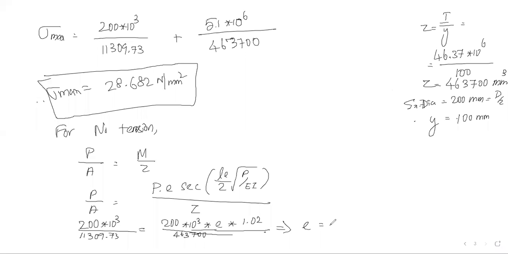So 40.196 mm. So eccentricity e is equal to 40.2 mm. So this is the answer for our second question. So the first question, sigma max is equal to 28.682 newton per mm square, and the second question, e is equal to 40.2 mm. Thank you.